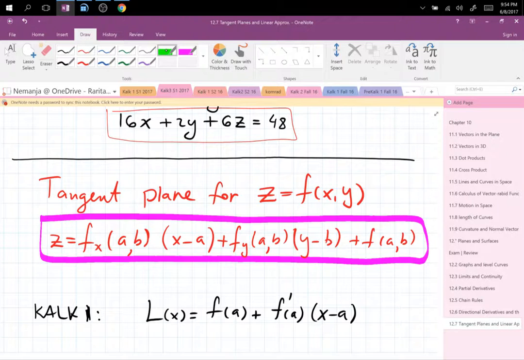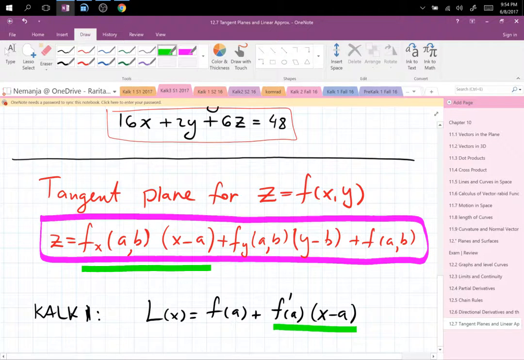I can just hope that you see it here: these two, and that one and that one. Now, where is the y term? Well, that's extra for another dimension in Calc 3. So that's technically the same thing if you are trying to draw the parallel to your Calculus 1.